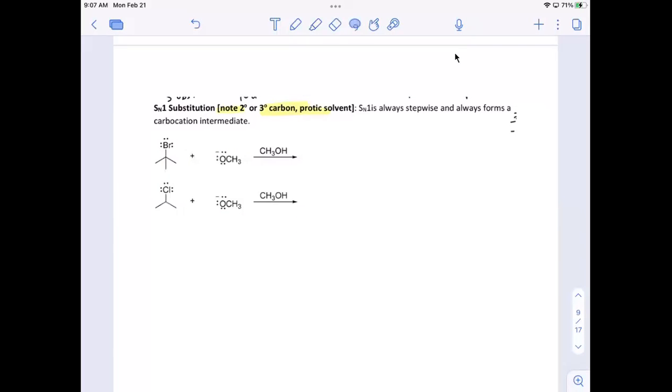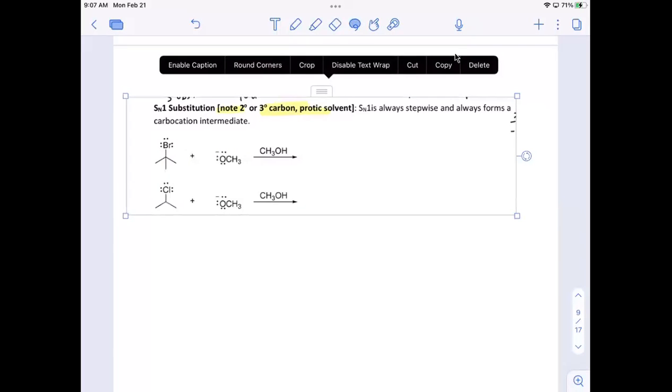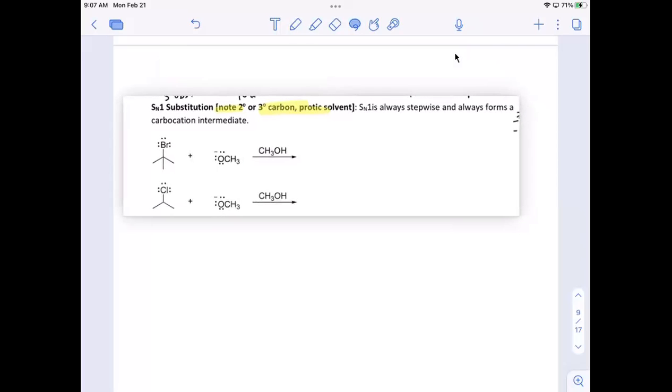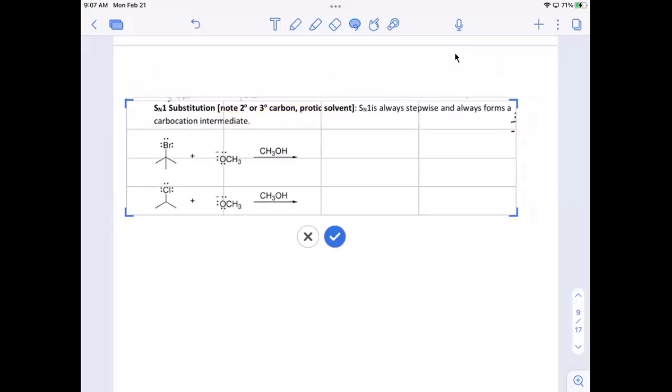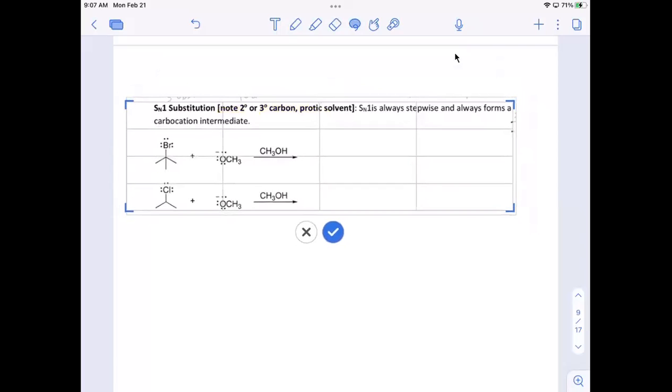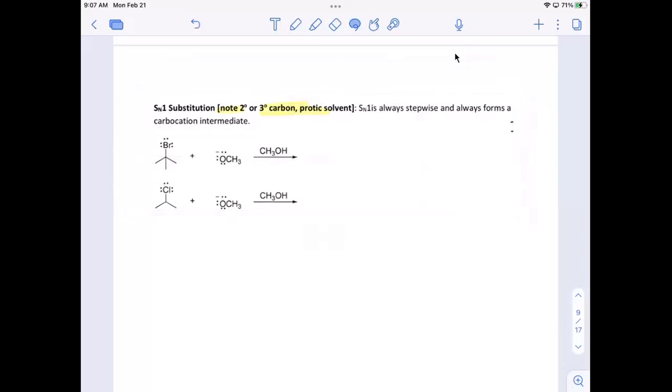All right, let me crop this out. It's kind of messy looking. So it is more specific for tertiary carbons, and that's a consequence of the mechanism.